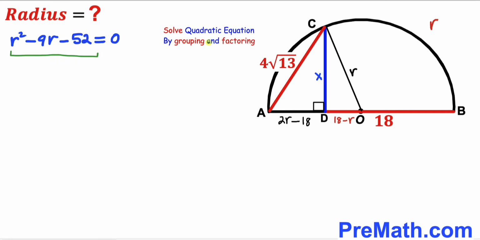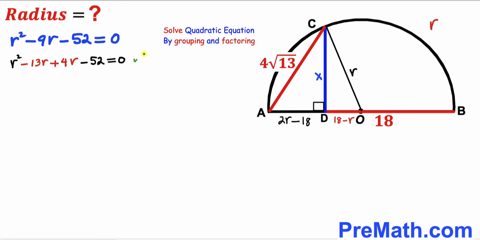We are going to solve it by grouping and factoring. And now let's focus on this negative 9r. We are going to tweak this one. We can write this one as negative 13r plus 4r, and we can see 13 times 4 is going to give us 52 as well.